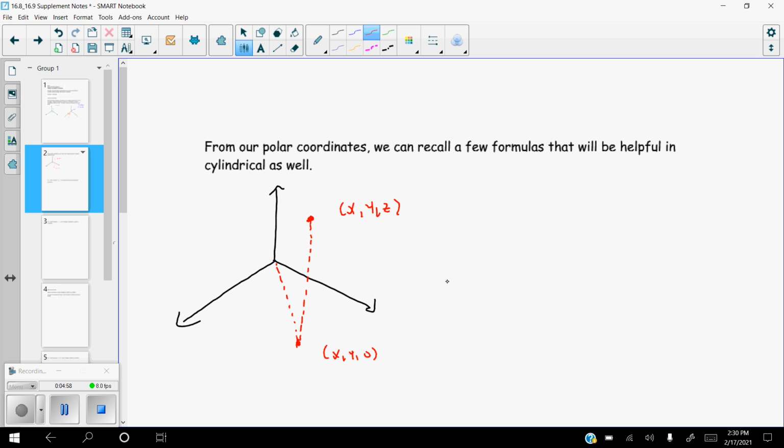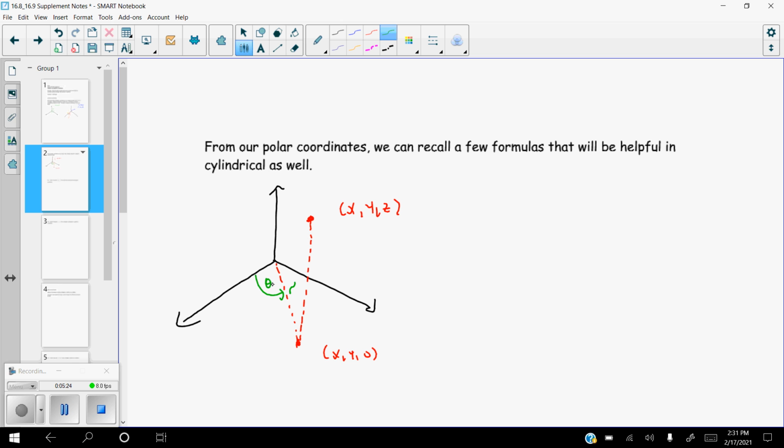Now if we put this into polar, it's going to get us to exactly the same place, but we're going to have to use different methods. So again, this piece right here, the length from the pole out to the projected point down into the XY plane is your radius. The angle which we make from the positive x-axis is theta.